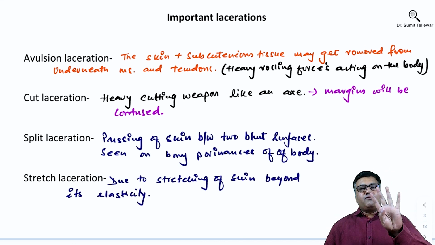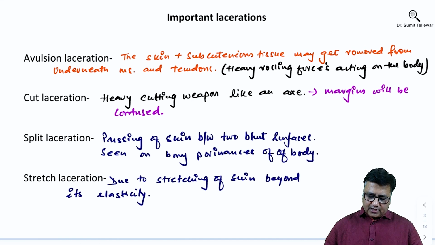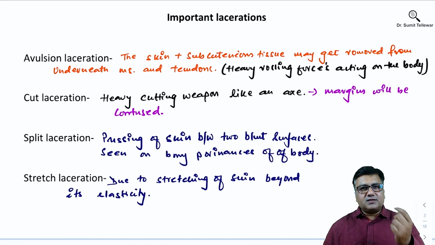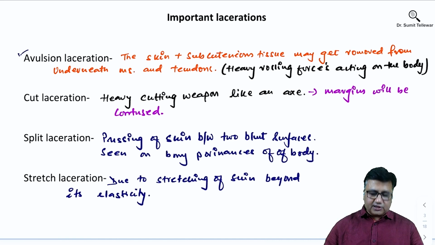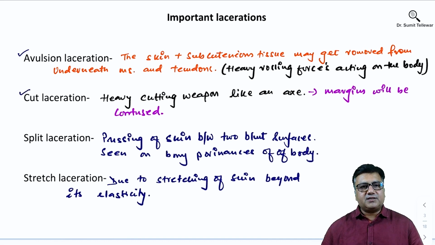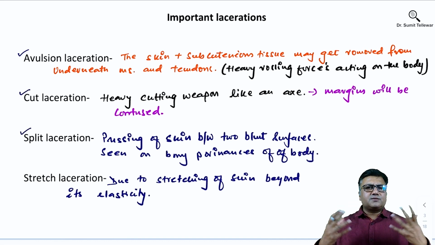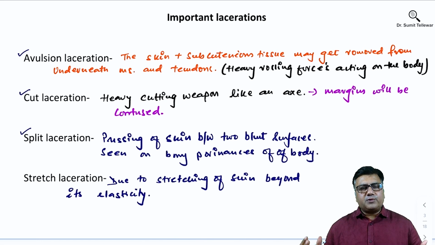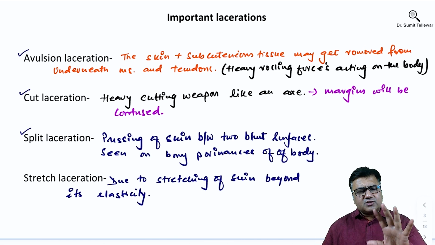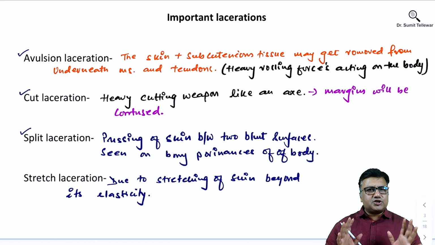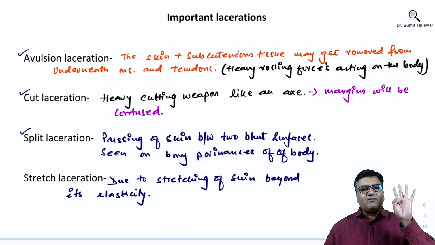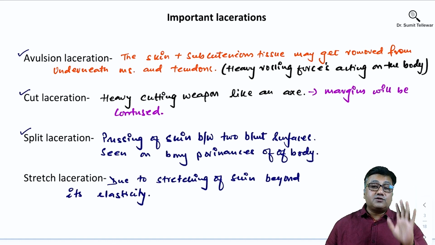So these are four lacerations, out of which avulsion laceration can be asked in the examination, cut laceration may be asked in the examination, split laceration may be asked in the examination. Stretch laceration is something which does not have any uniqueness to it. That is why it is not been asked in the examination. Okay. So remember, avulsion, cut, and split lacerations very common.